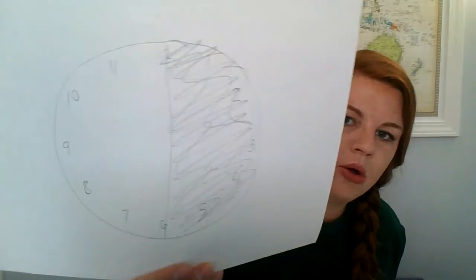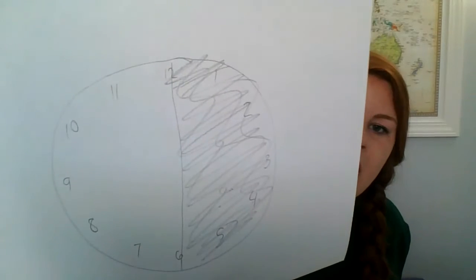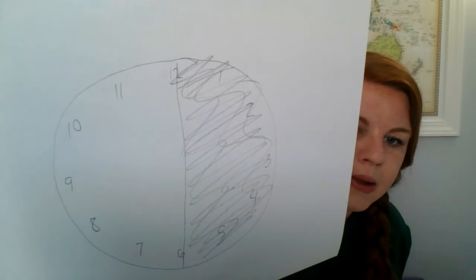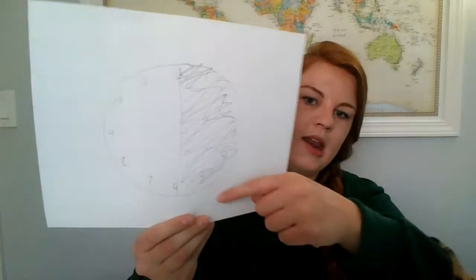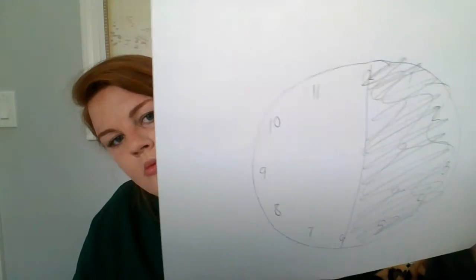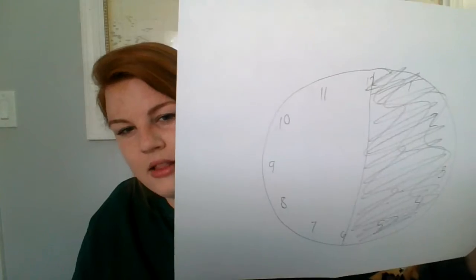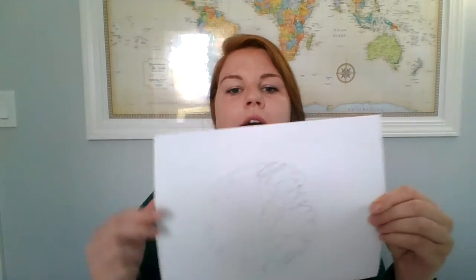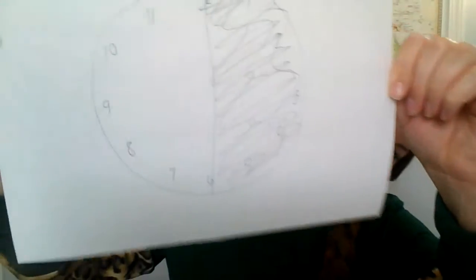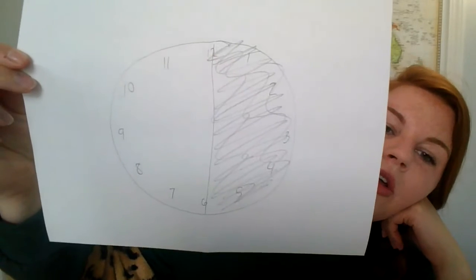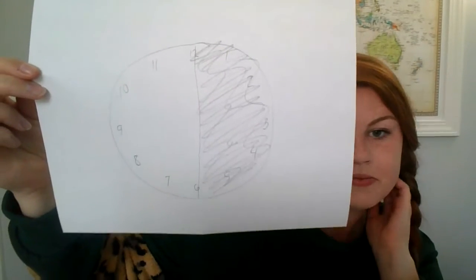But I just want to start by showing you this clock Miss Lumsden drew. And I split it in half, and I want you to think how much time goes by in half of our clock. How many minutes? So you know our whole clock shows us 60 minutes. So if we only went half, what would be half of 60?